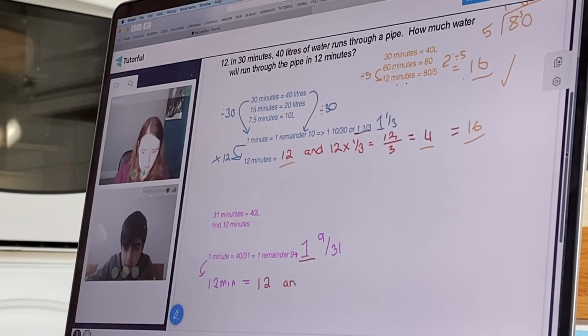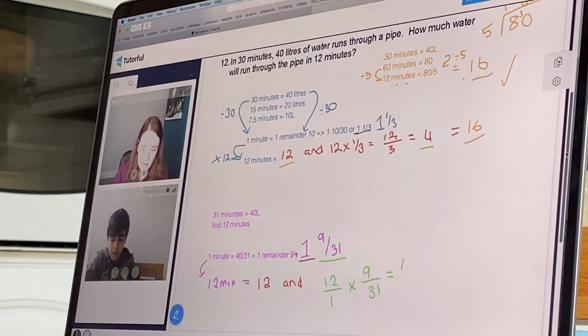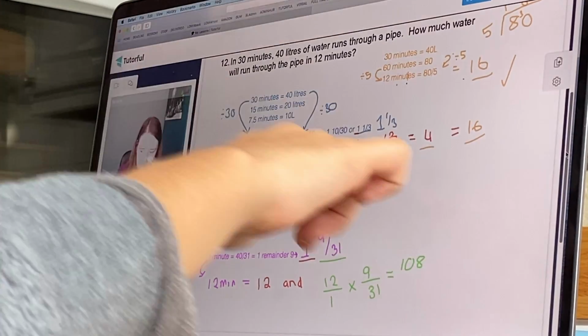Then we do this part by 12: 9 times 12 over 31. Which gives us 9 times 2 is 18, 9 times 10 is 90, so that's 108.